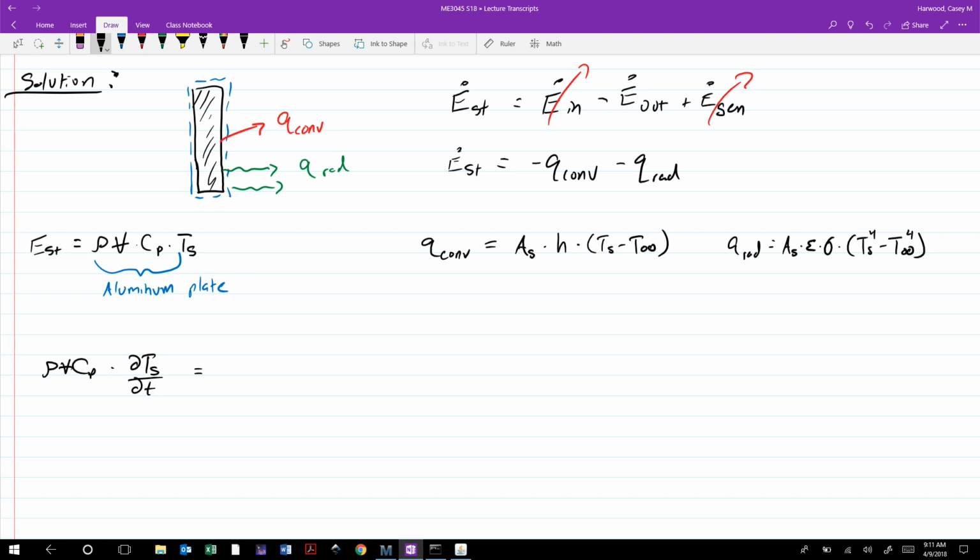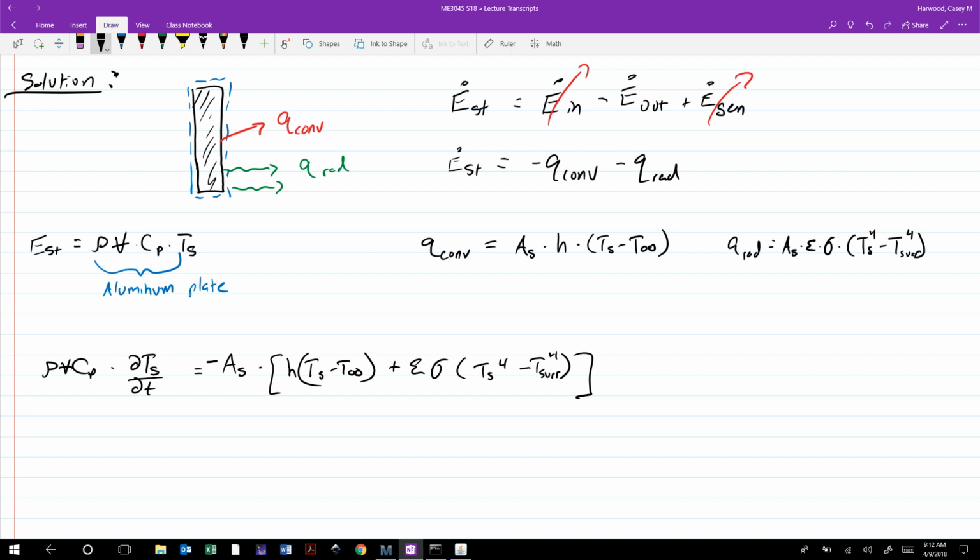Okay, so there's our time rate of change of stored energy is equal to As times [h(Ts minus T infinity) plus epsilon sigma(Ts to the fourth minus T infinity to the fourth)], or sorry, that should be T surroundings, which is the same as T infinity in this case, but to be correct.